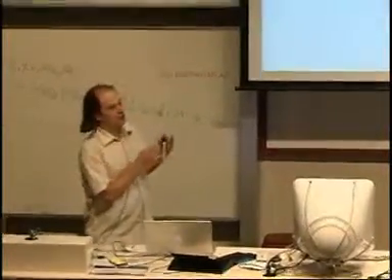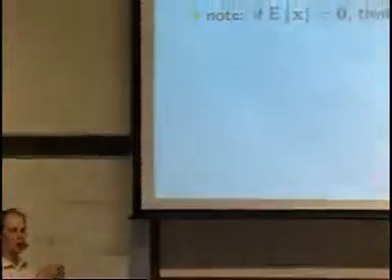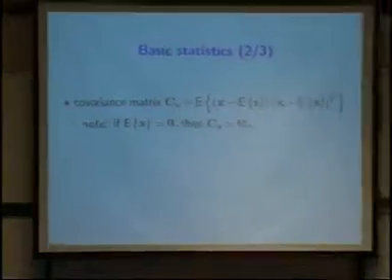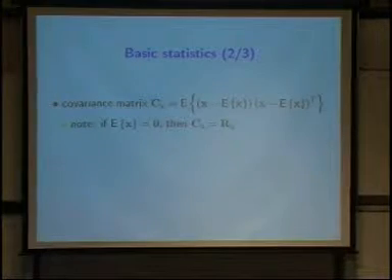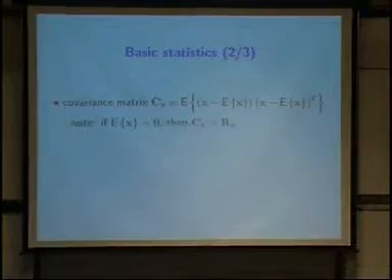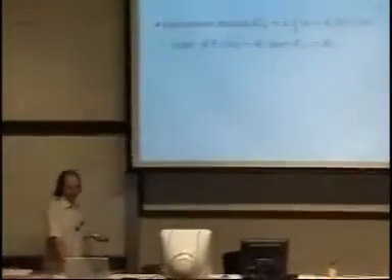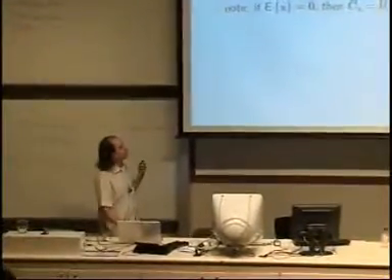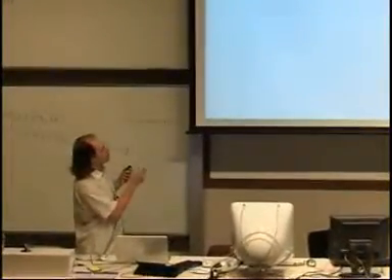A very widespread terminology is to say that if the covariance is 0, then these variables are called uncorrelated. So uncorrelated does not mean that correlation is 0, which would be too logical, I think. Uncorrelated means that the covariance is 0.